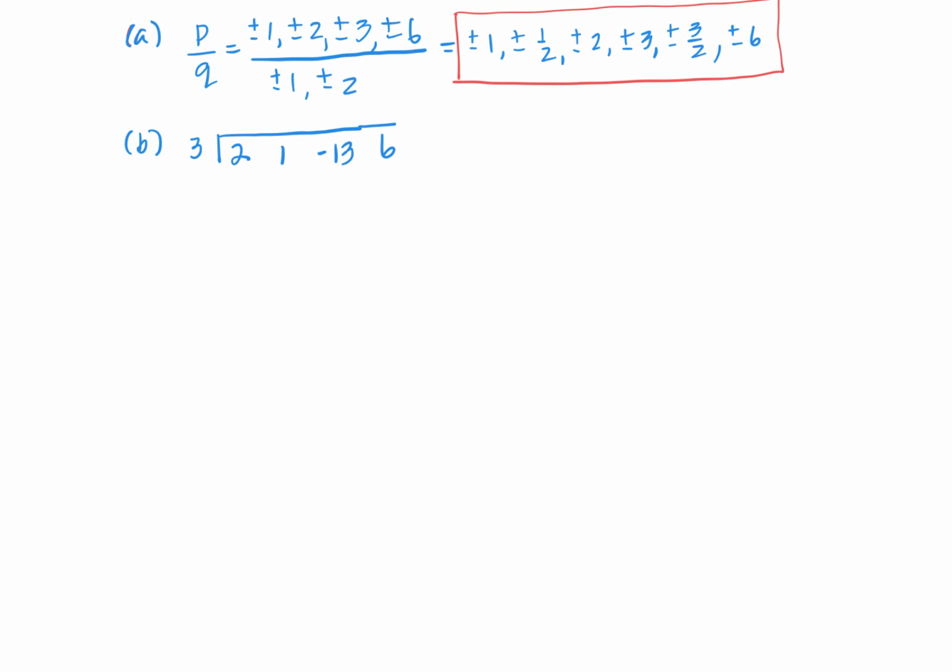When I do my synthetic division, I leave a space, bring down the first number 2. 3 times 2 is 6, add to get 7. 3 times 7 is 21, add to get 8. 3 times 8 is 24, add to get 32. So notice that this is non-negative, and that tells us that 3 is an upper bound.